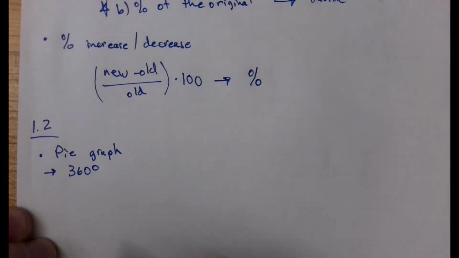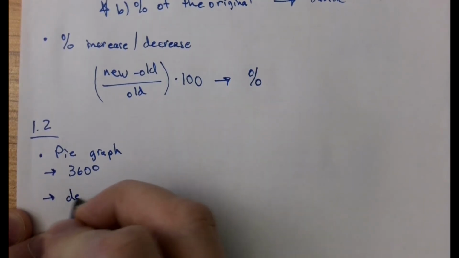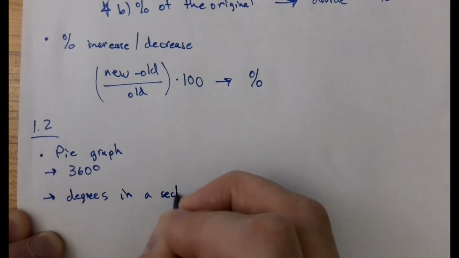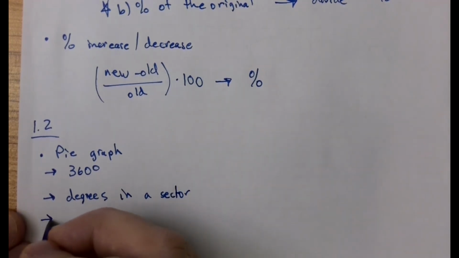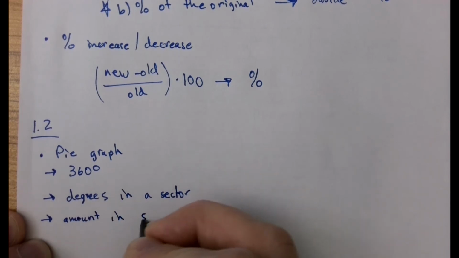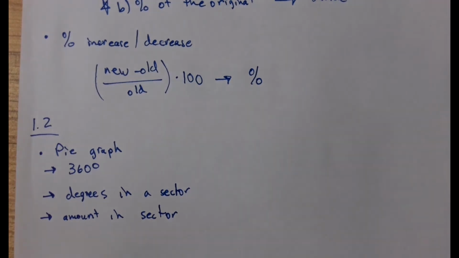And then you had to figure out sectors, so degrees in a sector, or we could say amount in the sector. So if we told you, hey, this pie graph represents 5,000 items, and this particular sector is 17%, well, how many items are in that sector, that kind of idea.